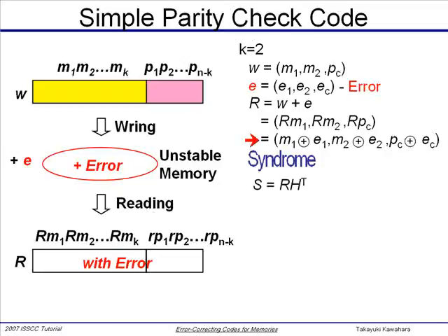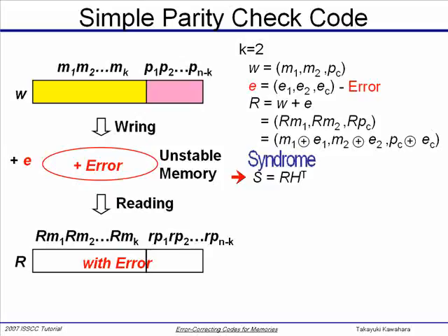What's the syndrome? Syndrome is defined as R times H transpose. R is the received data, and H is the parity check matrix. This is important because we do not know the original data. What we know is the received data, which contains error. We want to recover the original data from the error data.